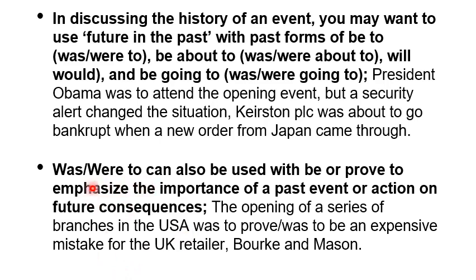Also, was to or were to can be used to emphasize the importance of something. In this case, the sentence is neither in the future nor in the past, but is used to emphasize the importance of the event. For example, the opening of a series of branches in the USA was to prove, or was to be, an expensive mistake for the UK retailer, Bork and Marson.